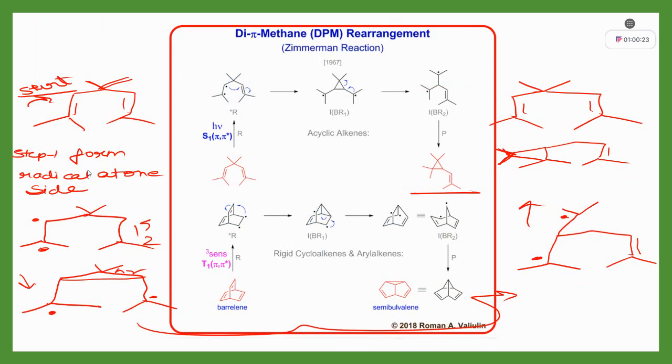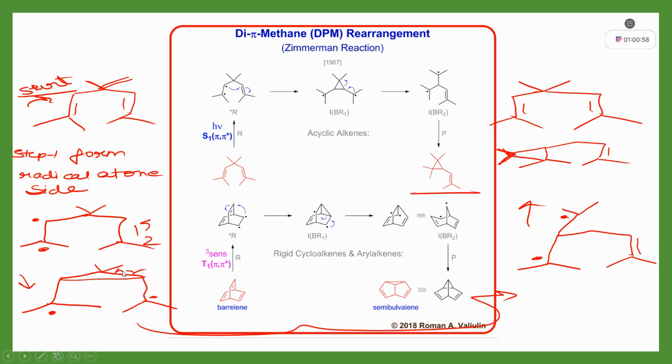Okay. So, Prashant, in the di-pi-methane rearrangement, what I have explained is you will be given two non-conjugated dienes. Okay. Now you have to start from one side. Let's say you have started from the left side. Just form radicals of that olefin. Okay. Then form this cyclopropane. How is the cyclopropane formed? Radical radical combination will take place.